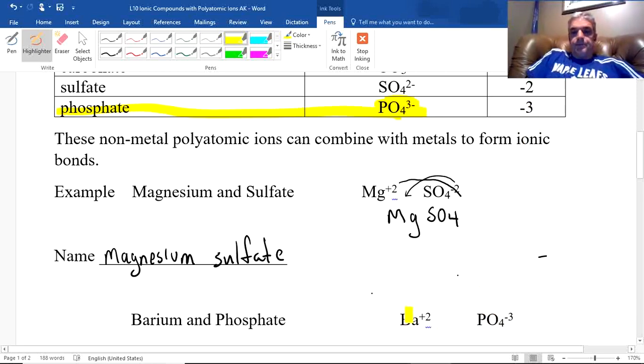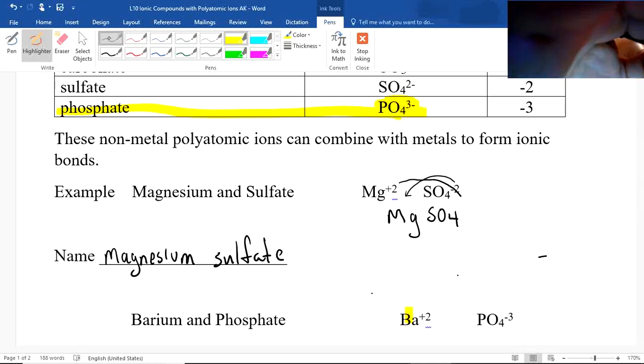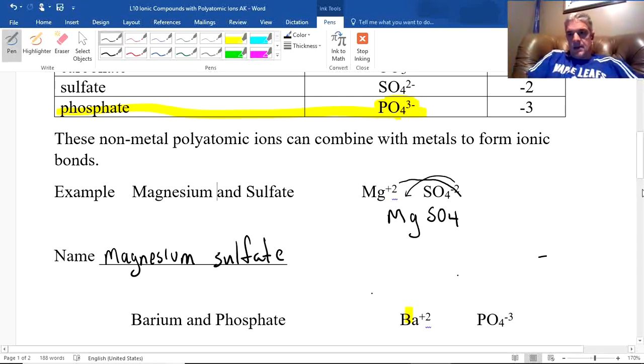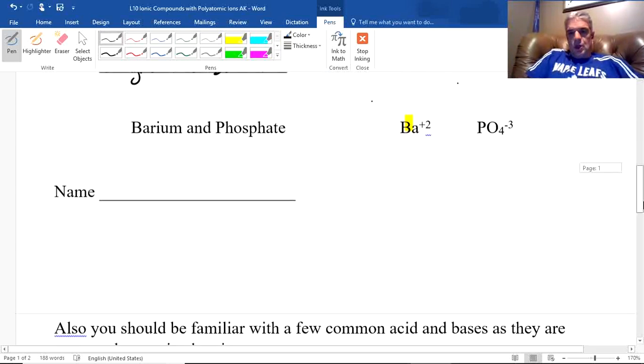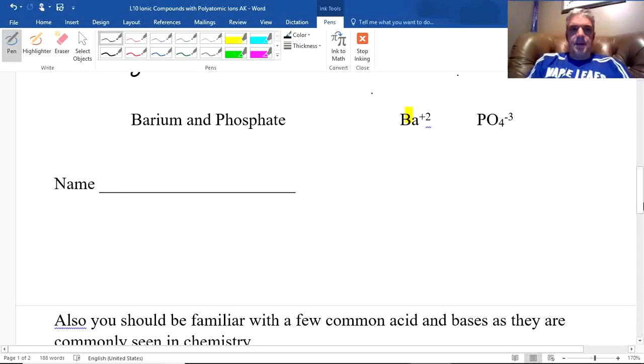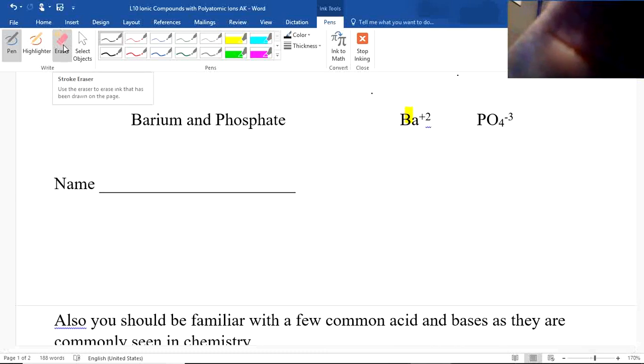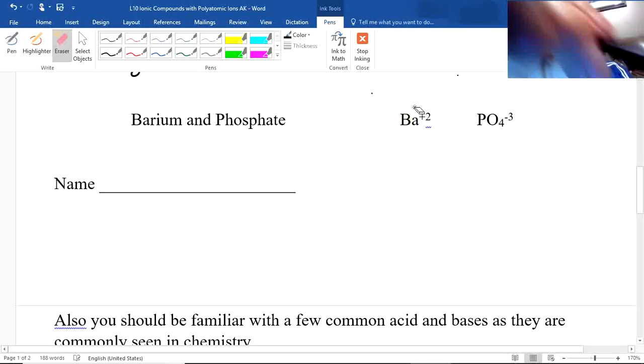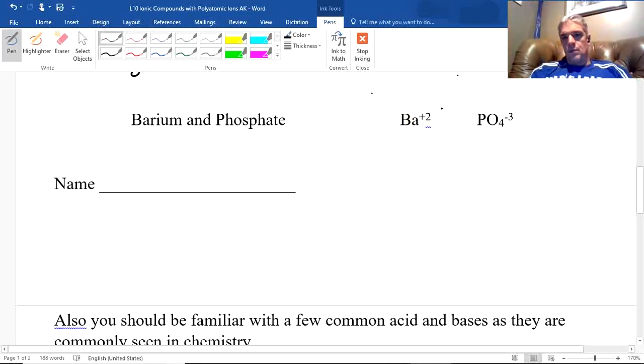Now when we're doing it, we're going to do a crossover method again, but this time the numbers don't match up to cancel out, okay? So it's important that we now bring the 2 over here and the 3 comes here.